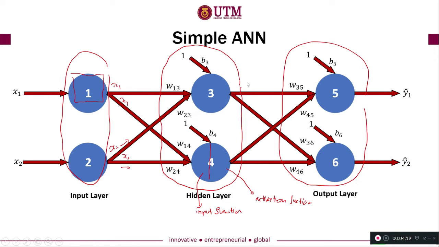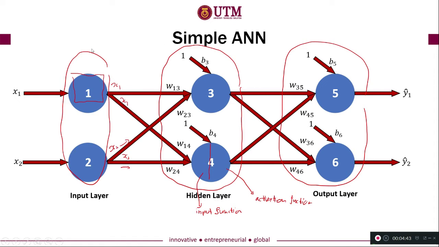I just label each neuron, each node, with a number: 1, 2, 3, 4, 5, 6. Then the inputs are X1 and X2, and once you compute, you will find Y1 hat and Y2 hat, which represent the predicted outputs.